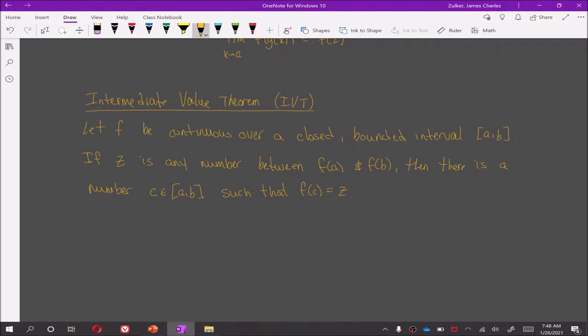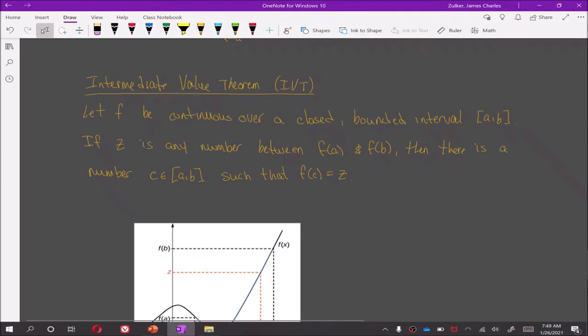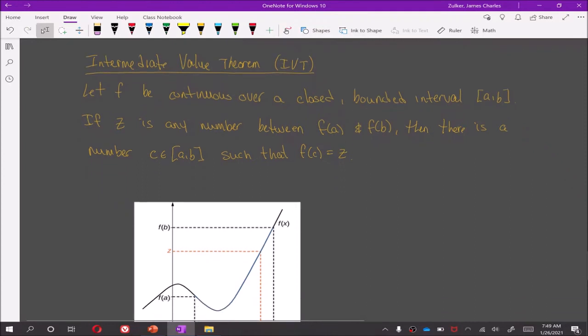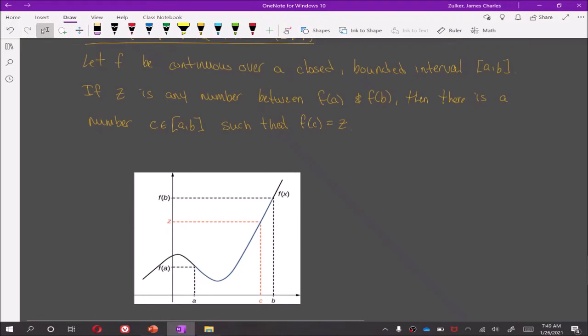Now, we shall not prove this here. The proof is quite technical, and it requires some advanced techniques that we do not yet have. However, we can look at what it's saying graphically. So we have a continuous function here, f. We're only going to consider this blue segment here, which is between A and B. So it's continuous over the closed interval [A, B]. Notice that it's also a bounded interval, meaning that it can't just go off to either plus or minus infinity.